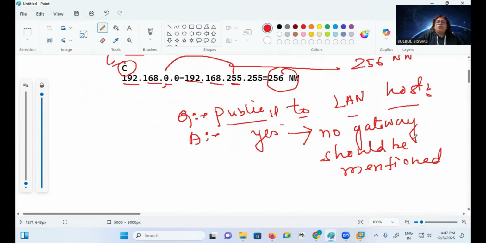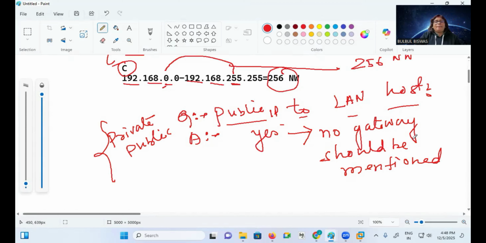If we don't have any gateway in our LAN, then whatever IP you assign, whether private or public, is not an issue. But the moment you assign the gateway to your LAN host, we have to assign a private IP to our LAN host.